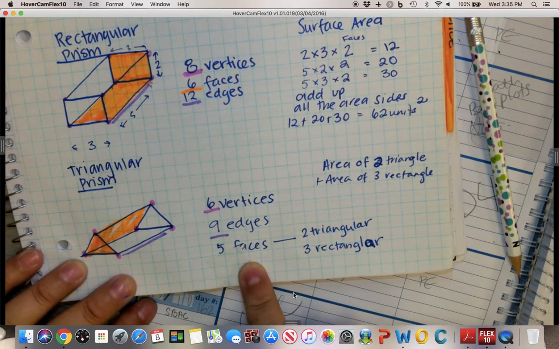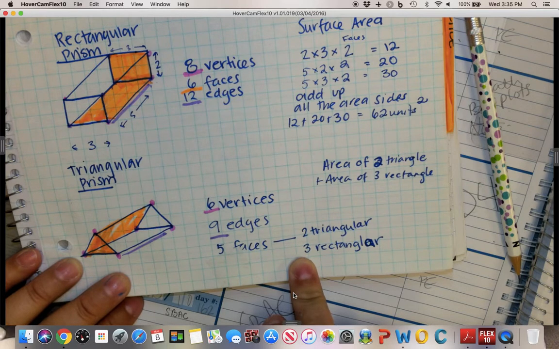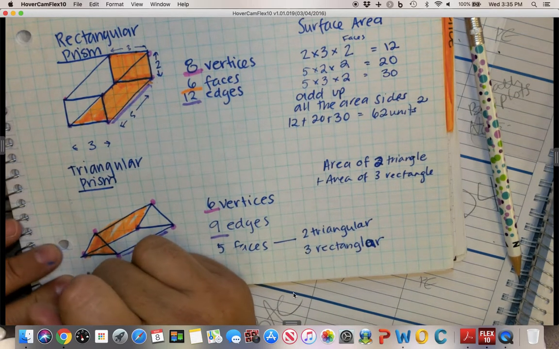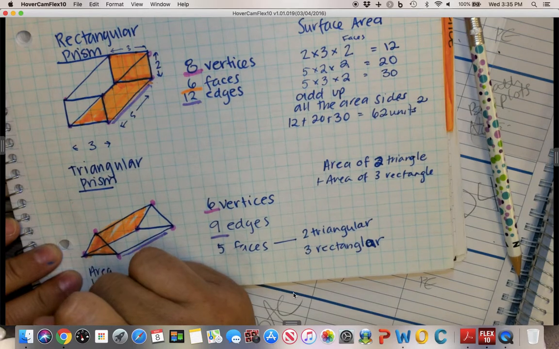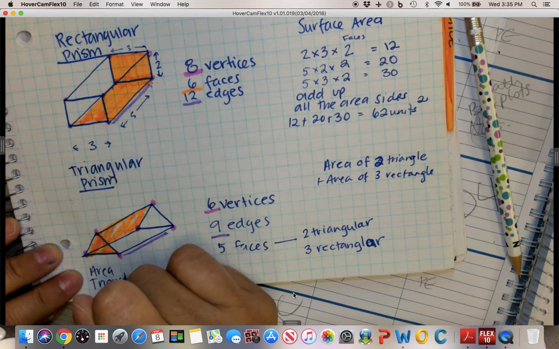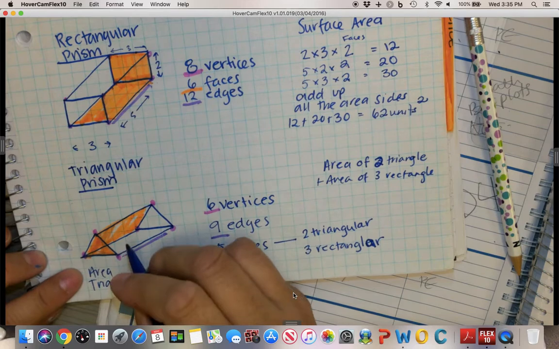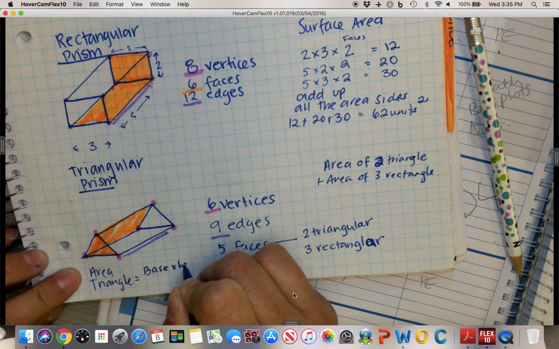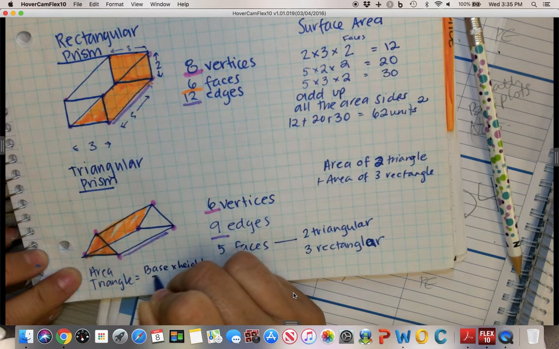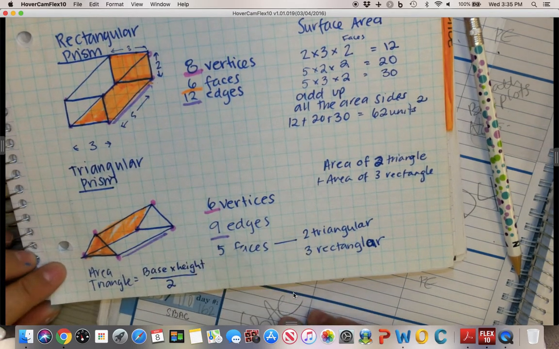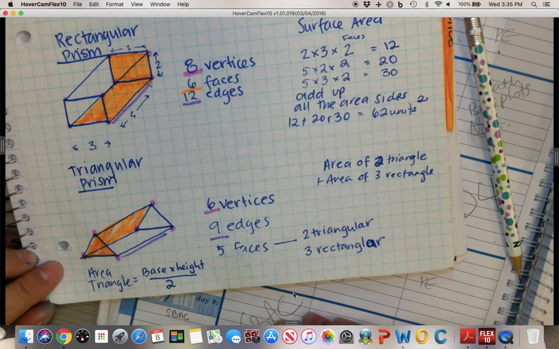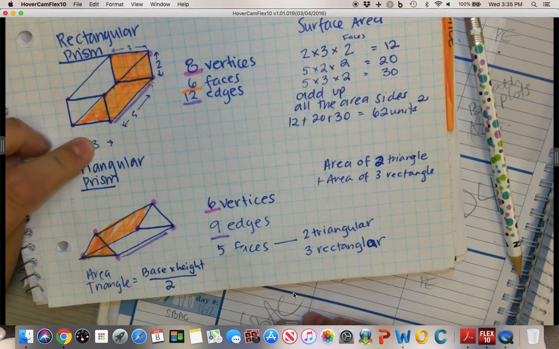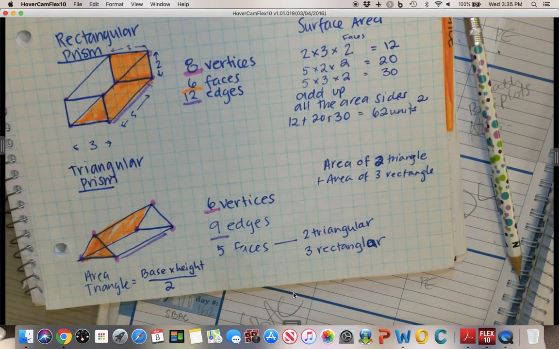We're adding up the surface area of all the faces. And to find the area of a triangle, I do the base times the height divided by 2. So it's the same as a rectangle, except I'm dividing it in half, because a triangle is half a square or half a rectangle.